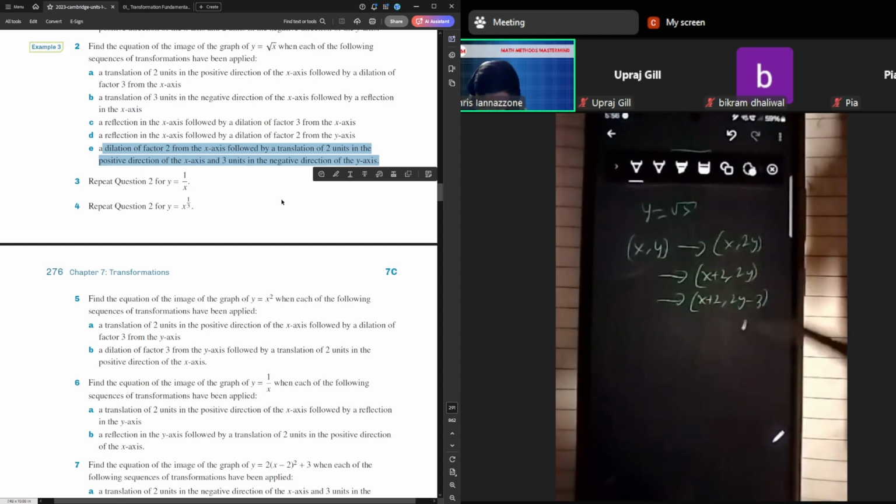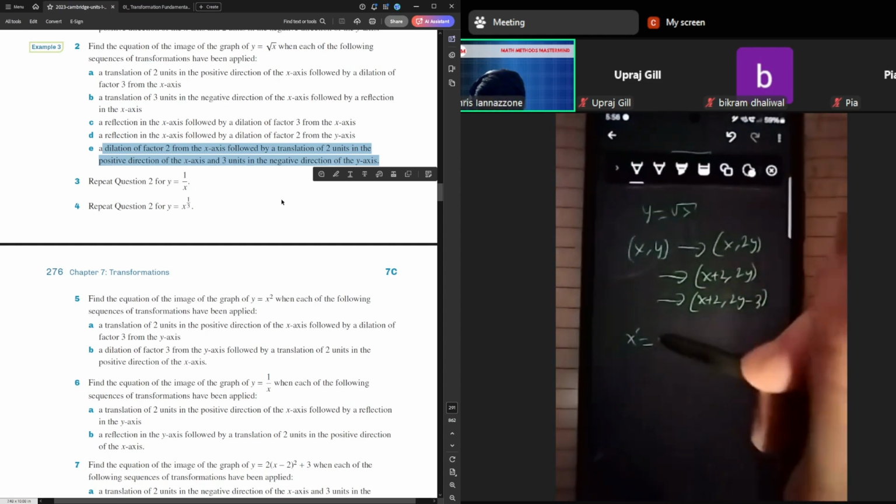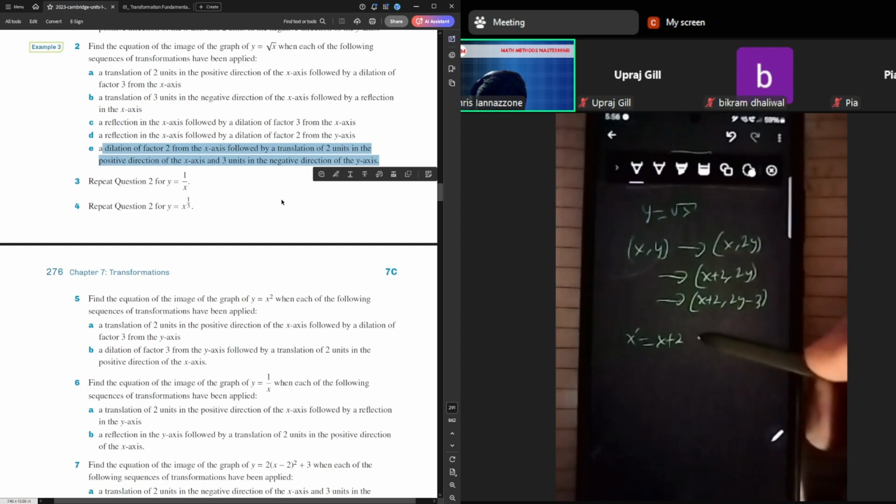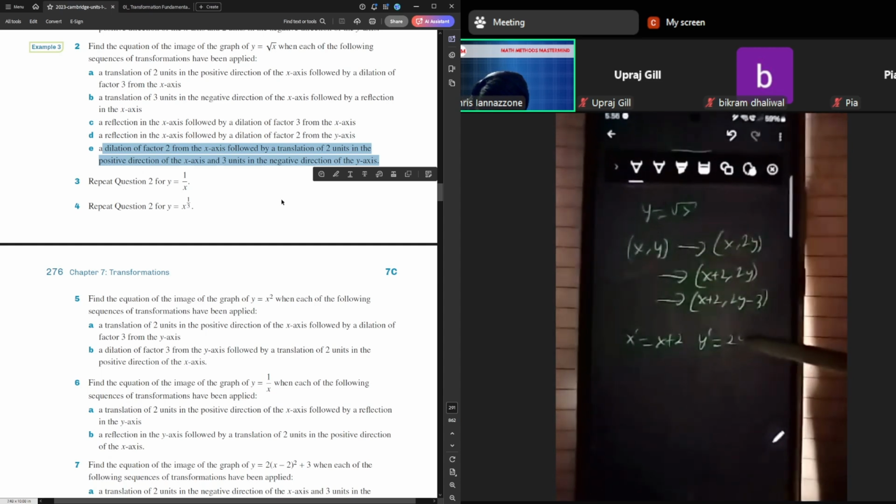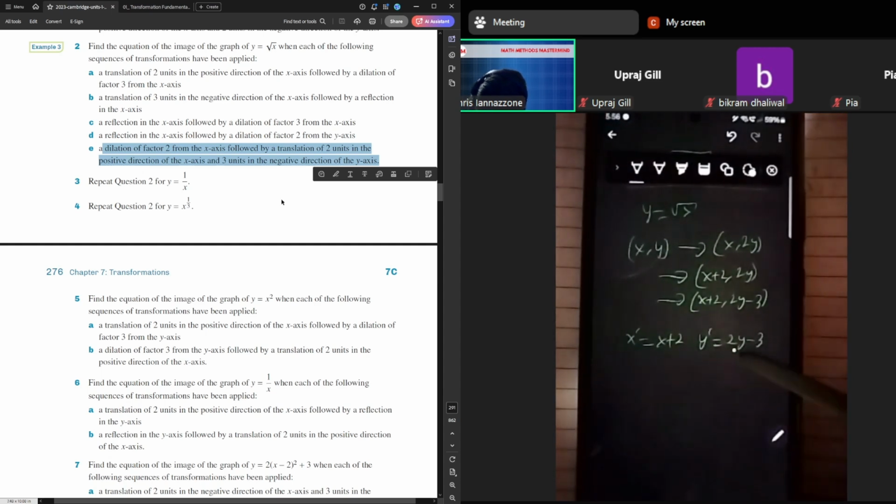That gives us our final point, so x dash is going to be x plus 2, y dash is going to be 2y minus 3.